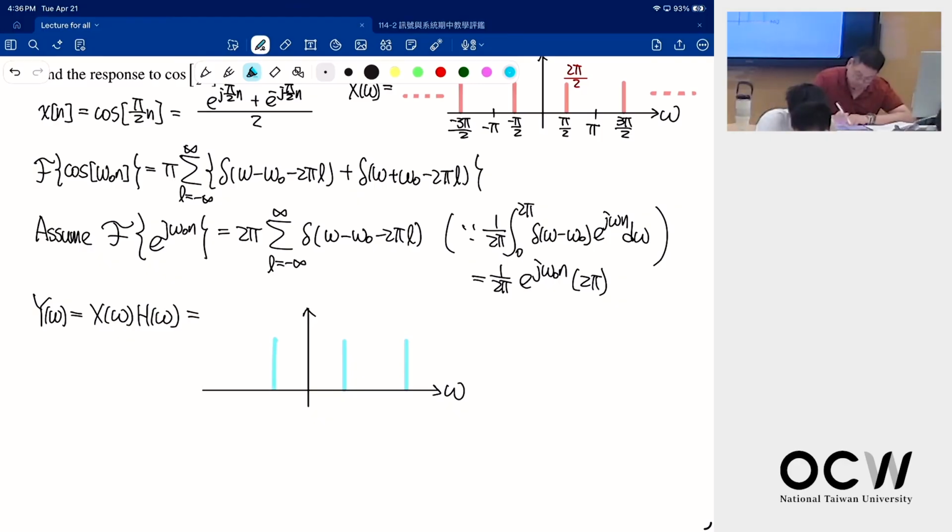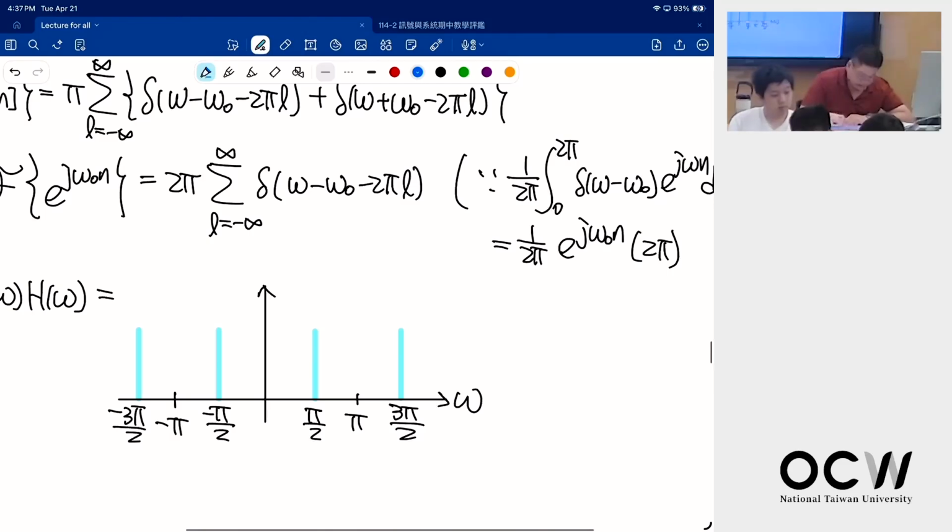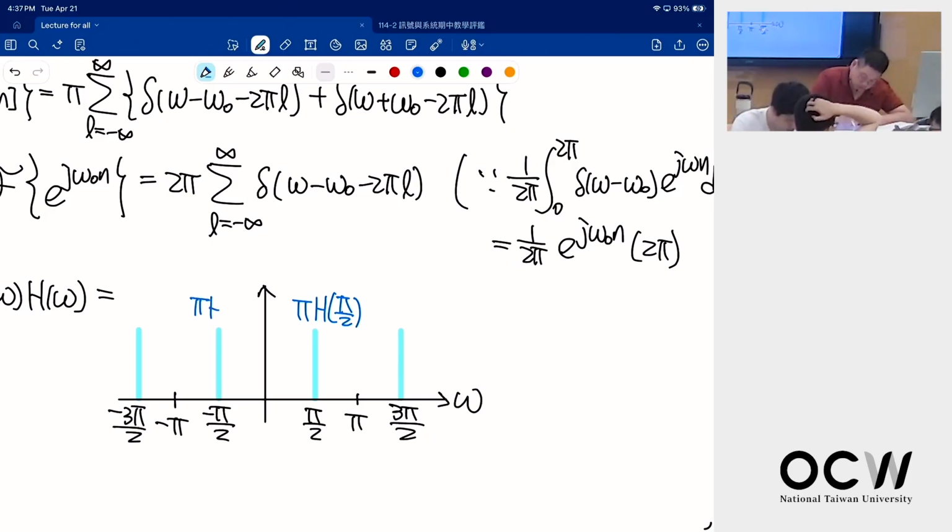Minus pi over 2 and minus 3 pi over 2. This is pi over 2, this is pi, and here is 3 pi over 2, minus pi over 2, minus pi, minus 3 pi over 2. And the magnitude is pi times the frequency response at pi over 2. Here is pi times the frequency response at minus pi over 2. And so on.